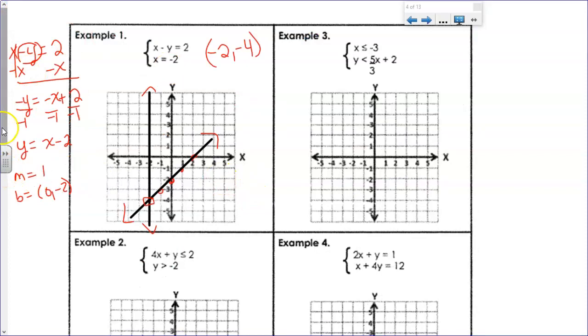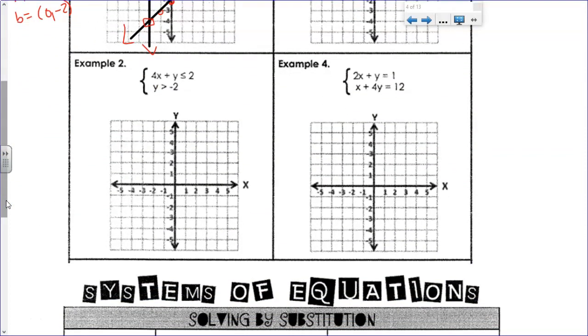Now let's look at example number 4. We're going to have to solve for y. We have 2x plus y equals 1. I'm going to subtract 2x from both sides, so y equals negative 2x plus 1. My slope is negative 2 and my b is (0, 1).